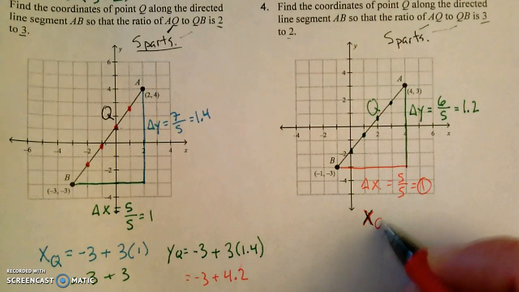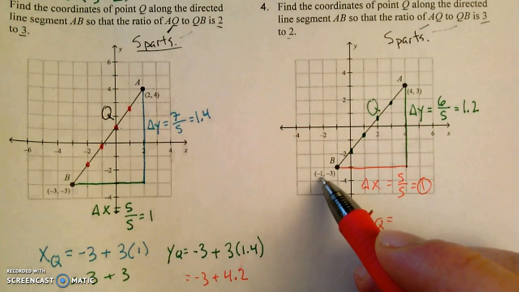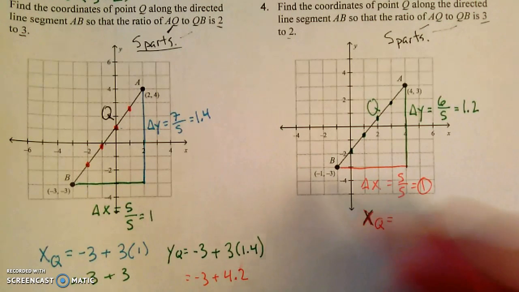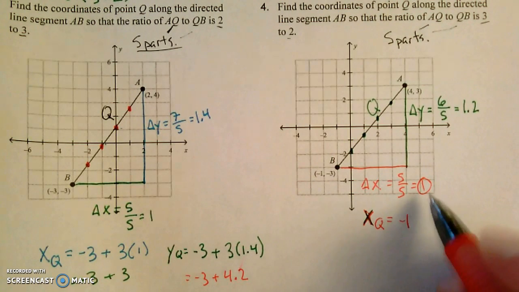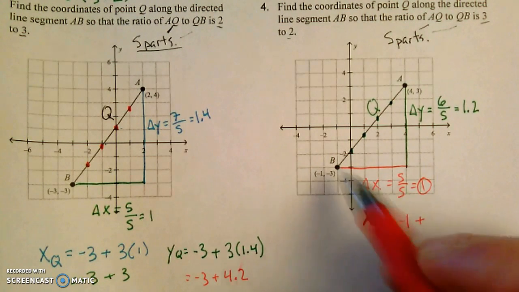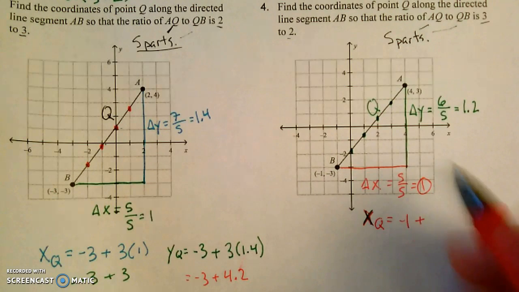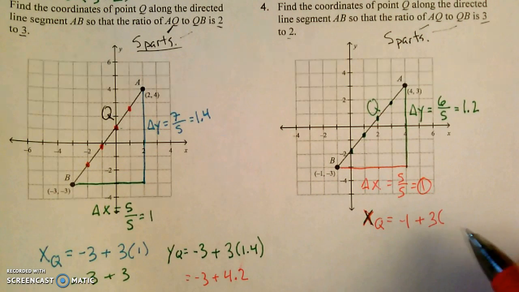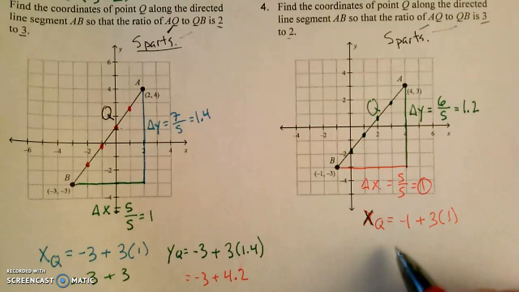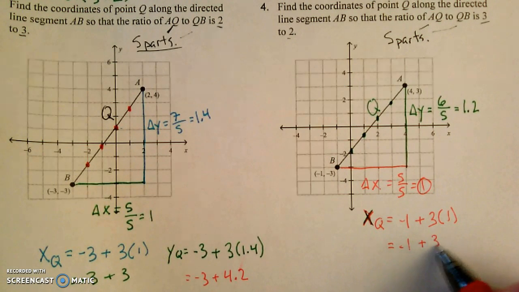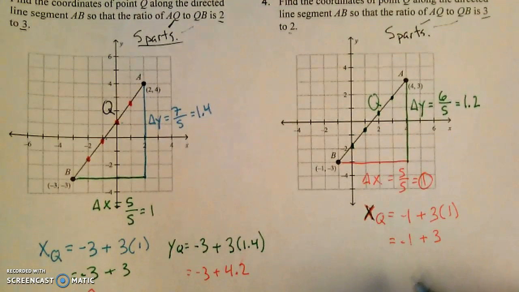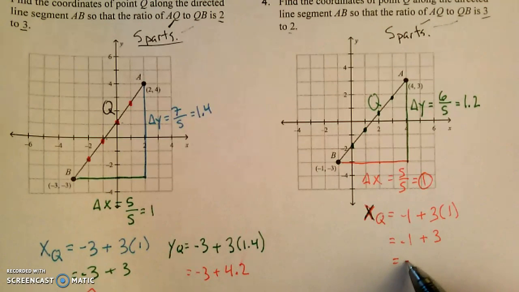So x of Q: we start at B's x coordinate, which is -1, and we're adding 3 steps, 1, 2, 3 steps of size 1 each. So that's -1 plus 3 times 1, which is -1 plus 3, which is +2.